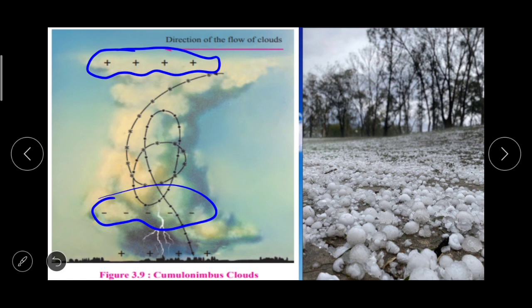And because of this, due to difference in the charges, positive and negative, electric charges are formed and lightning occurs. Lightning lights up the sky for a moment. जो हमें दिखता है कि थंडर भी होती है और लाइटनिंग भी होती है, which is because of the positive negative charges. The air around the lightning rises up because of the heat, and this leads to large thundering sound.